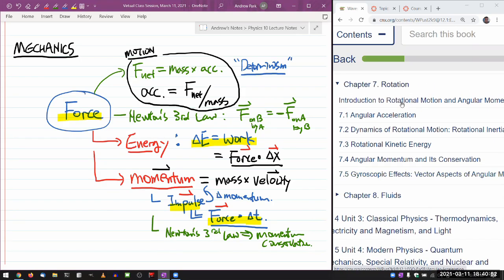So rotation is a way to look at all these mechanical ideas all over again, but with a slight twist. No pun intended. From a slightly different viewpoint, because there's a lot of analogies that you can draw, and I hope that a different angle at which to, again, no pun intended.